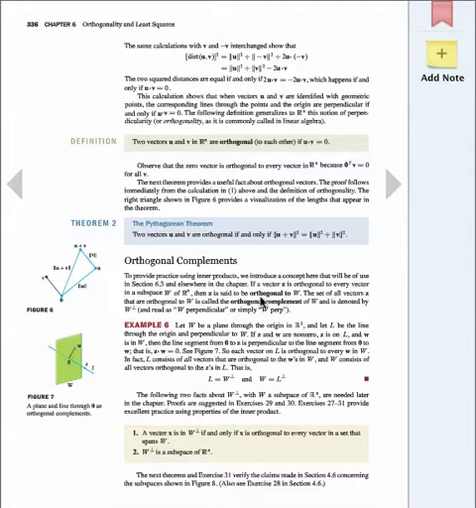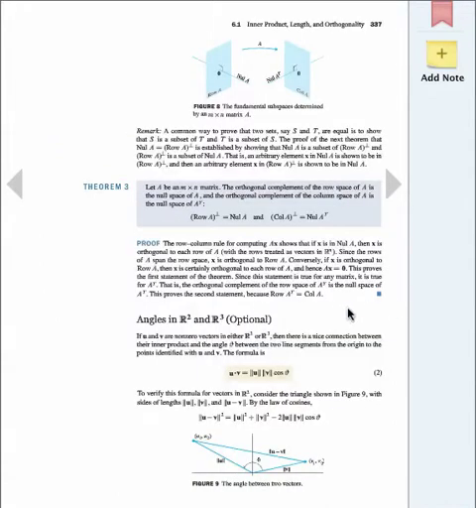Example 6 plays with that a little bit. We get a nice blurb at the bottom here, which you'll prove in the exercises if you care to do them. And Theorem 3 is a maybe not so terribly obvious theorem about how perpendicular spaces, orthogonal complements, work.